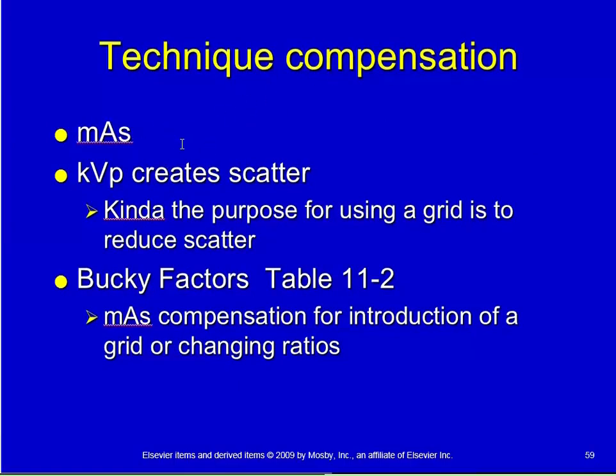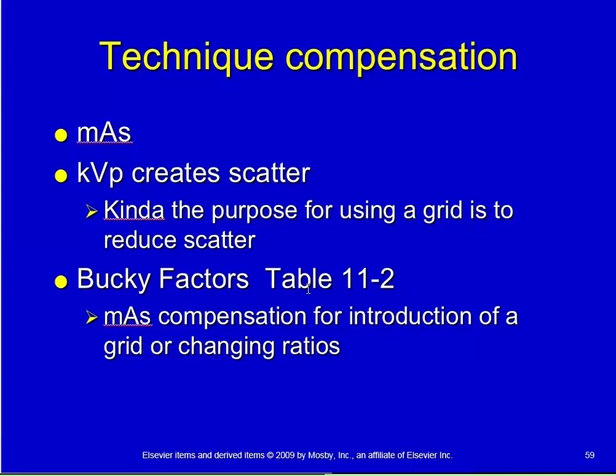So technique compensation, we've got mass. Again, kVp creates scatter. The purpose for using a grid is to reduce the scatter radiation, and we don't want to increase scatter radiation by using increased kVp. So we're going to use mass.